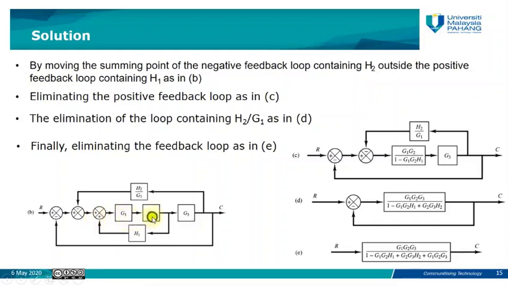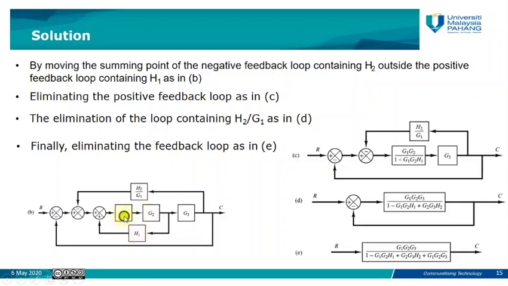Now G1, G2 become in cascade and can be easily combined. When G1 and G2 are in cascade, H1 is the feedback for G1, G2. Now G1, G2 is the new single transfer function for these two blocks, and it has one feedback which is H1.